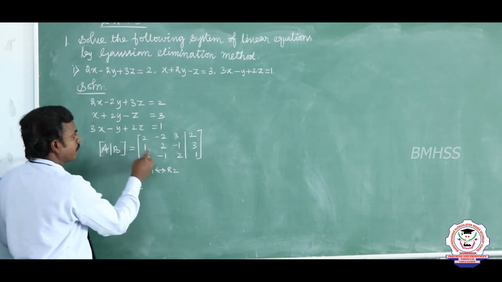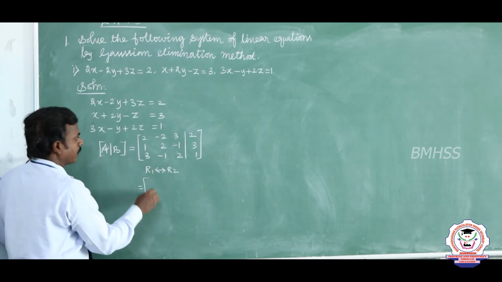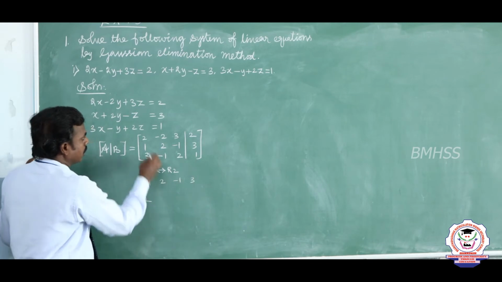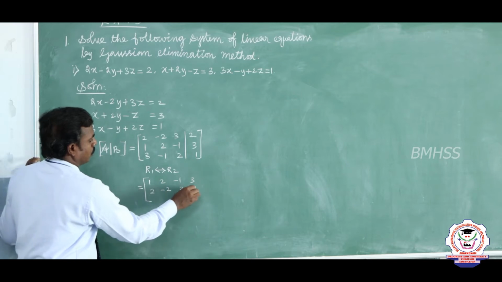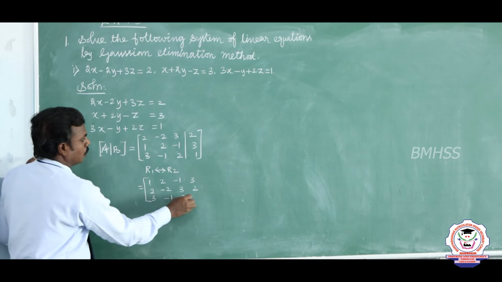So I am going to interchange the rows: the second row becomes the first row. The first row is 1, 2, minus 1, 3. Then 2, minus 2, 3, 2. Third row 3, minus 1, 2, 1.